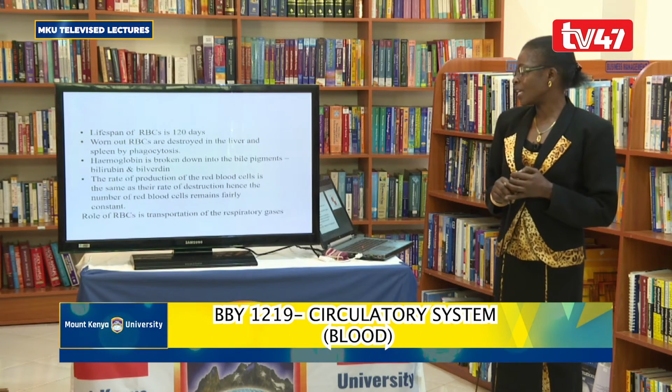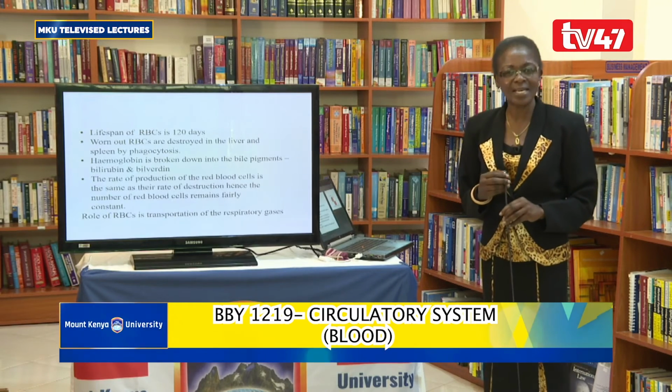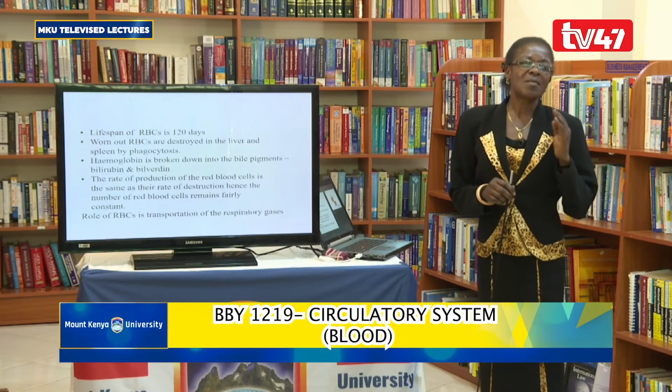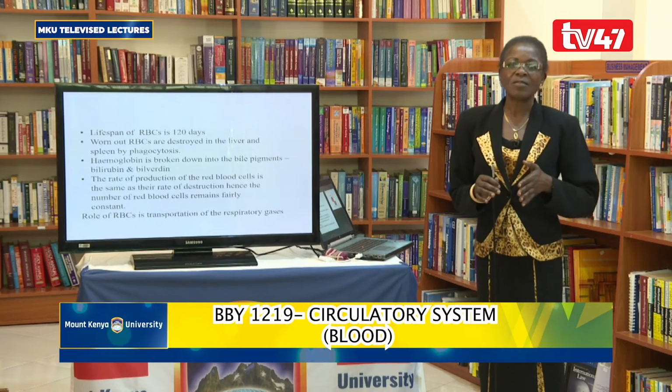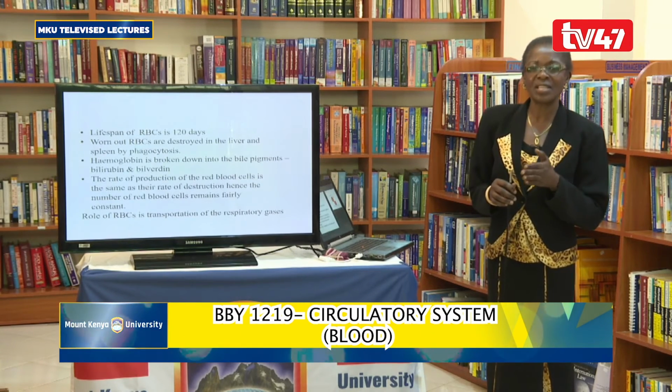The role of the red blood cells basically is transportation of the respiratory gases. Because males and females have a different body structure, there is a difference in the number of red blood cells found in the male and that found in the female.